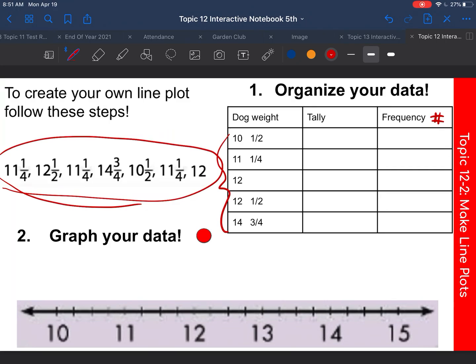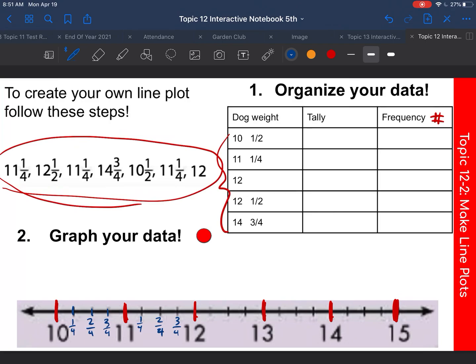Now, again, this number line is split into fourths as well. You have 10, 11, 12, 13, 14, and 15. And then all of these individual tiny lines are 1/4, 2/4, 3/4, and so on.